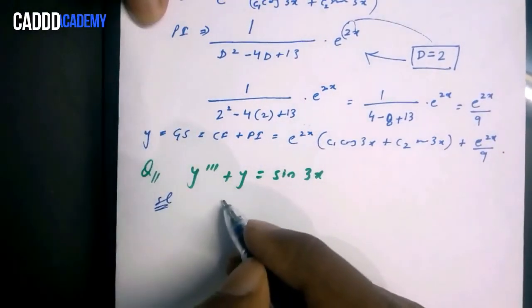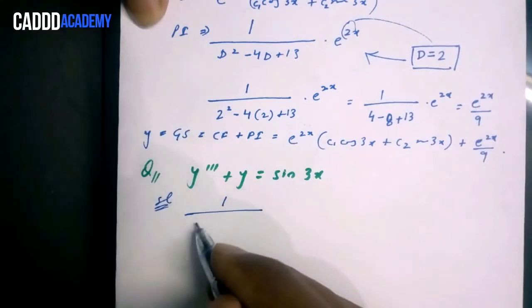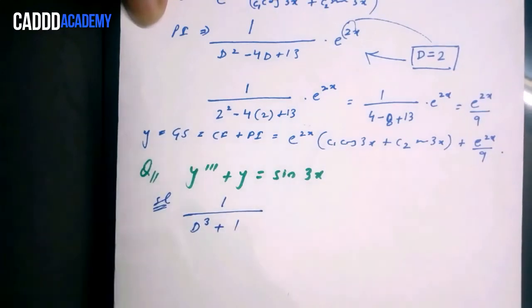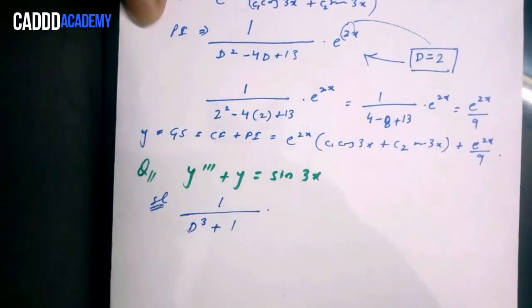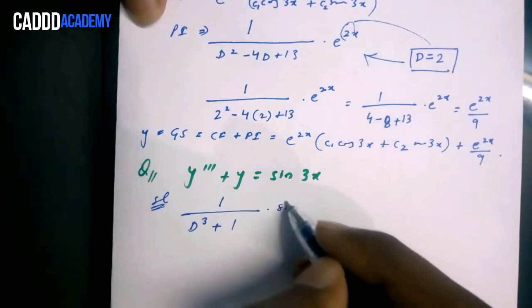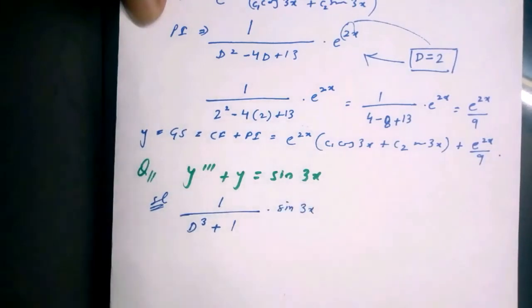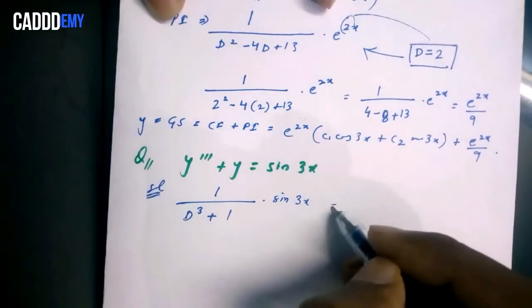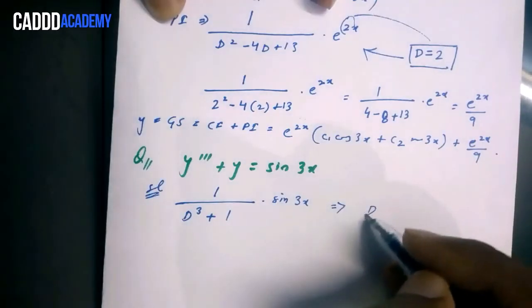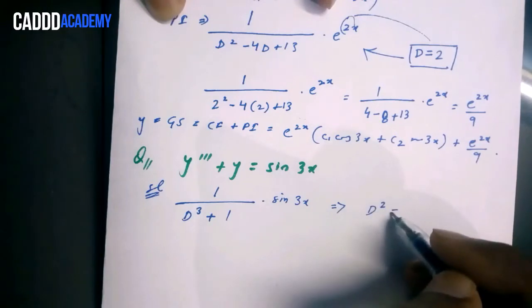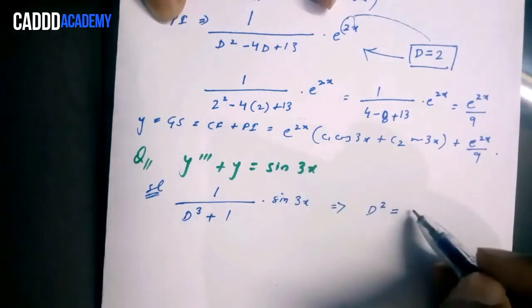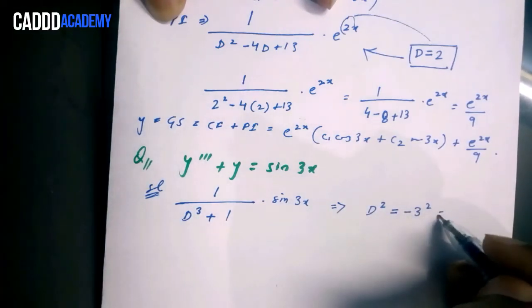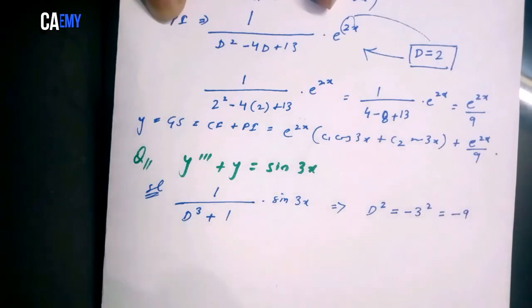For the particular integral we take the reciprocal of the auxiliary operator, and multiply it with sin 3x, the non-homogeneous term. Here we put the D square value as the negative of 3 square, which is minus 9.